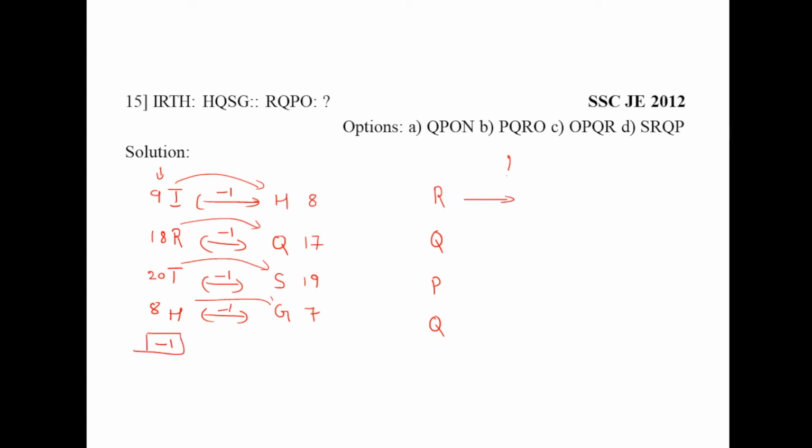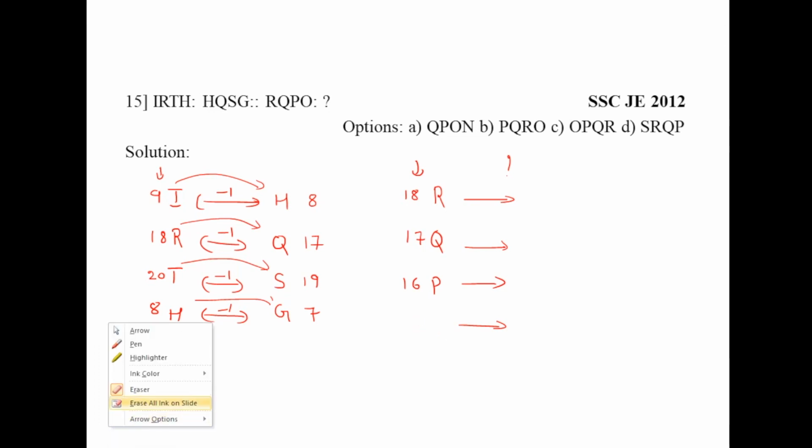So again I will write the numbers, positions here. It is 18, Q is 17, P is 16, O is 15, right? 18 minus 1 is 17, the 17th letter is Q. Next, it is the minus 1 logic, right?